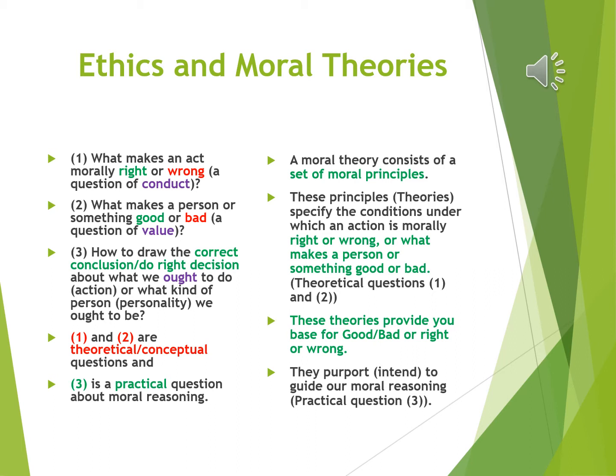And how do we draw the correct conclusion, make the right decisions about what we ought to do, what action, or what kind of person? So the first two questions are theoretical and conceptual, and the third one is practical. Moral theories consist of a set of moral principles. These principles specify the conditions. Basically this is the combination of both slides we have studied separately.